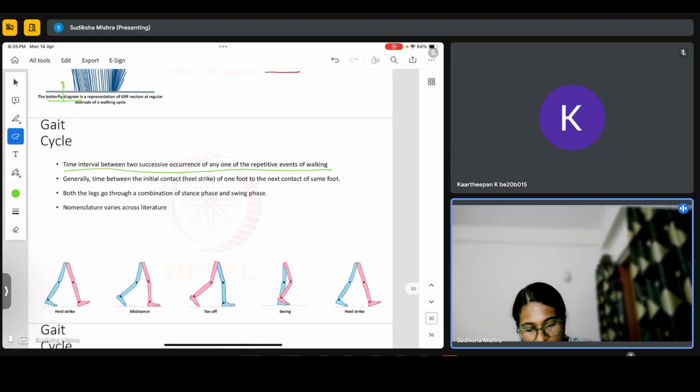These are all of the events that one would see if someone is observing someone walking.